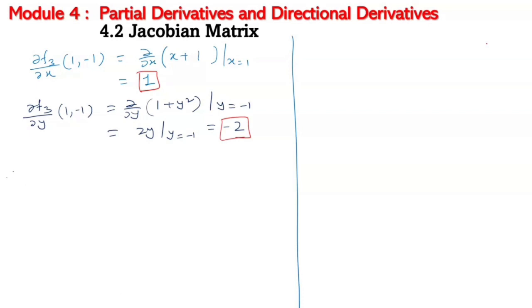So therefore, finally we have JF at the point (1, -1). I'll write the matrix and then we'll see how it comes.